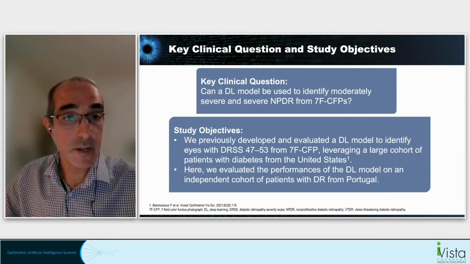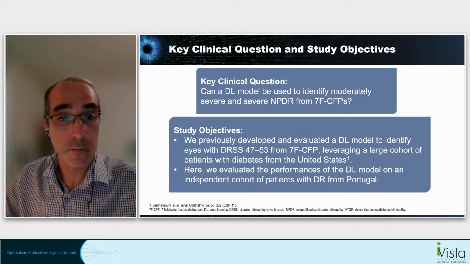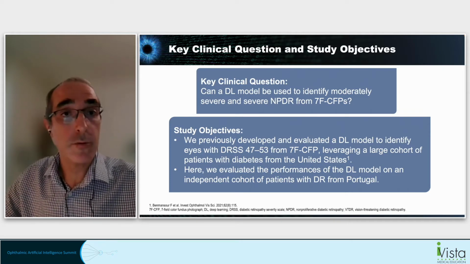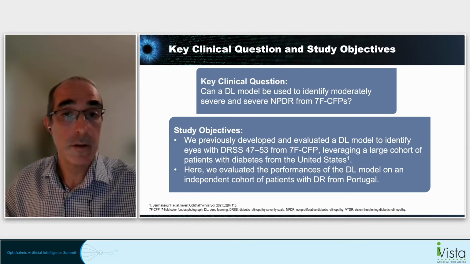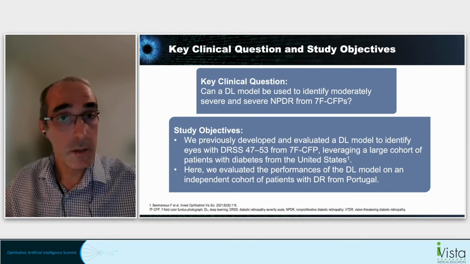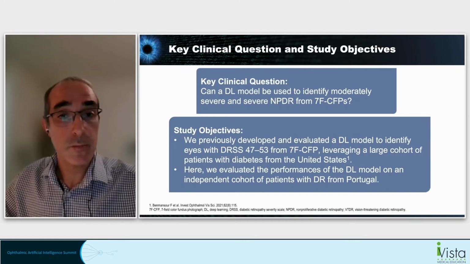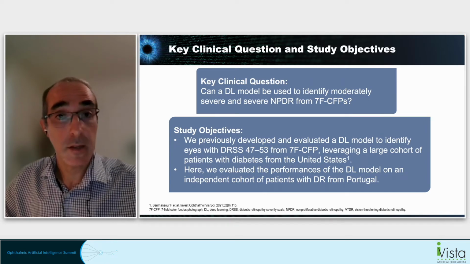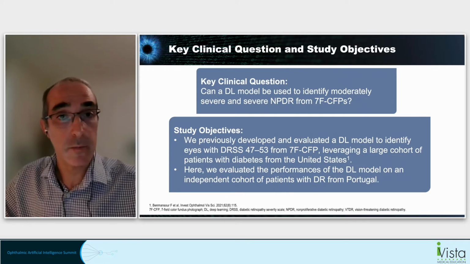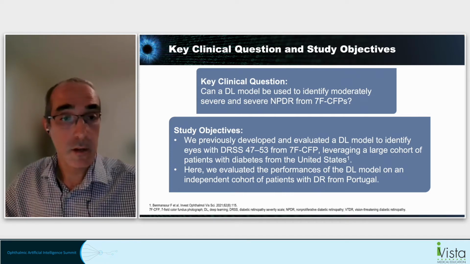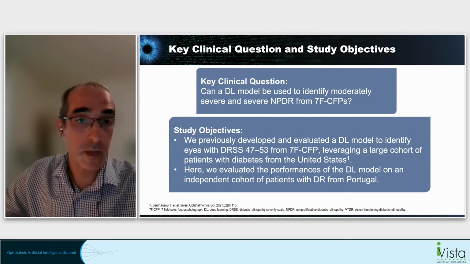This year, thanks to the academic collaboration we had, we are able to report results of the trained model on an independent cohort from a different country. The DL models we developed were based on a large cohort of diabetes patients from the United States. And through the academic collaboration, we had the opportunity to evaluate the performance of this model on a cohort of patients from a different country.